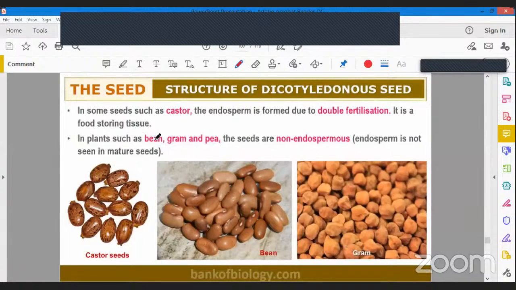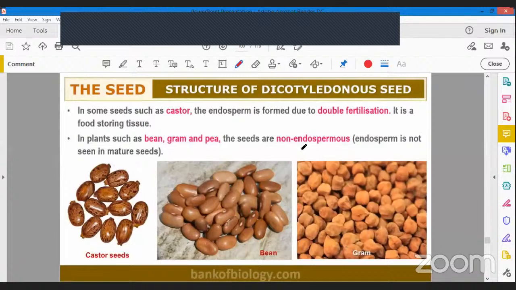Remember this. In plants such as bean, gram, and pea, seeds are non-endospermous. That is, endosperm is not seen in mature seeds. Whereas in a few seeds like castor, the endosperm is still there, and it can be used at the time of germination.